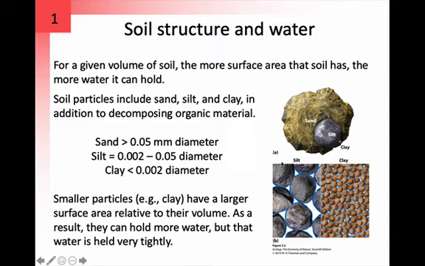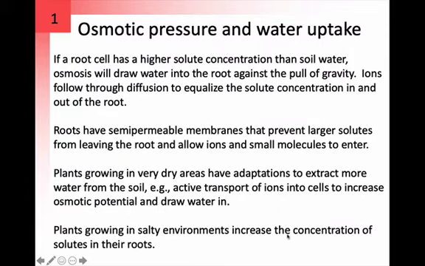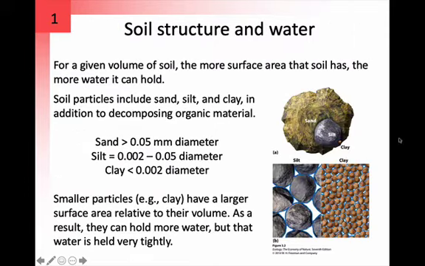So here in this silt panel on the left, you see that water is bound to the surface of the silt, but look, there's relatively little surface area of this silt particle compared to its mass. So it holds only a small amount of water. Also, the packing of silt particles means that there are large air spaces in between, and that promotes drainage of water out of soil.